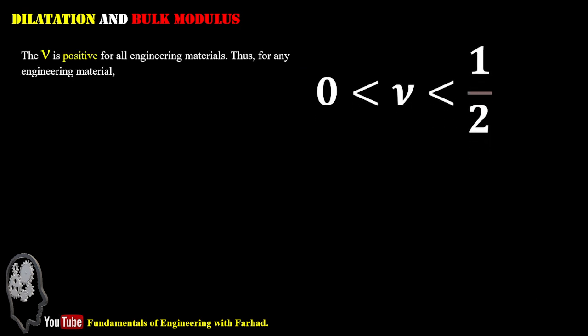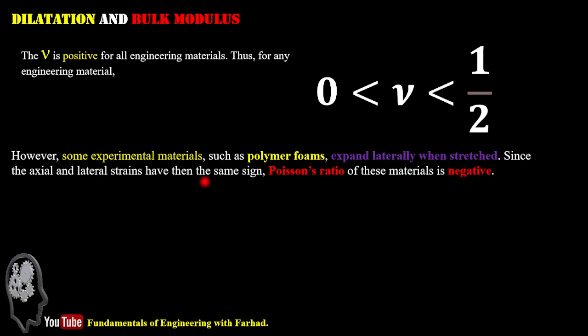And we also know nu for a normal engineering material is bigger than 0, so the lower limit and higher limit for nu is 0 to half for a normal engineering material. However, we do have a very few materials, like some experimental materials such as polymer foams, which expand when they are laterally stretched.